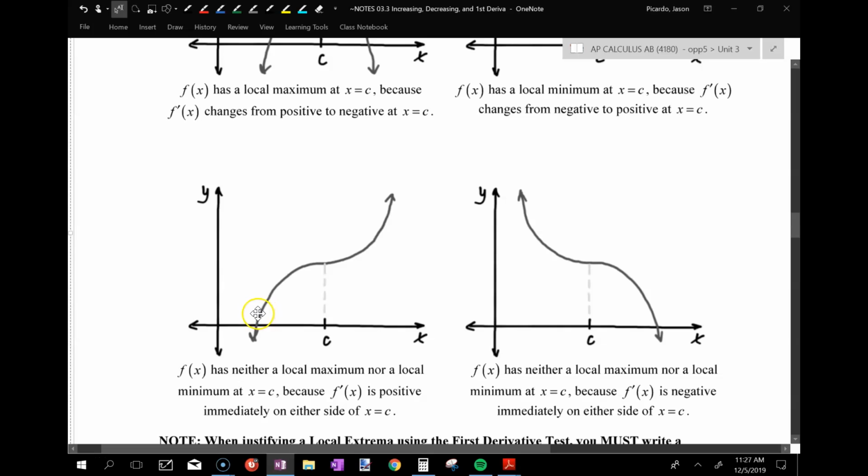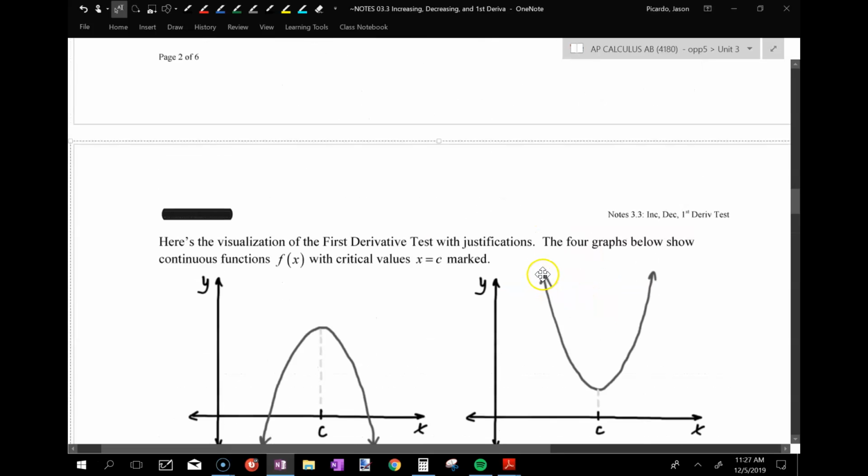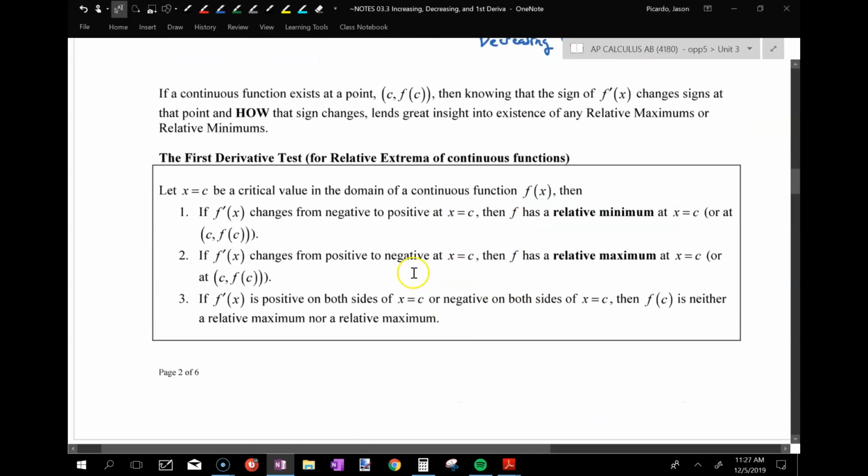It only guarantees me a maximum or minimum if I switched from increasing to decreasing or decreasing to increasing. Because if you look at this right here, I'm increasing, 0, increasing. But I didn't have a max or a min, did I? Same argument here, right? So that's what this stuff right here basically describes. The only way I can have a maximum or a minimum is if I have a critical value and I change from increasing to decreasing or vice versa.